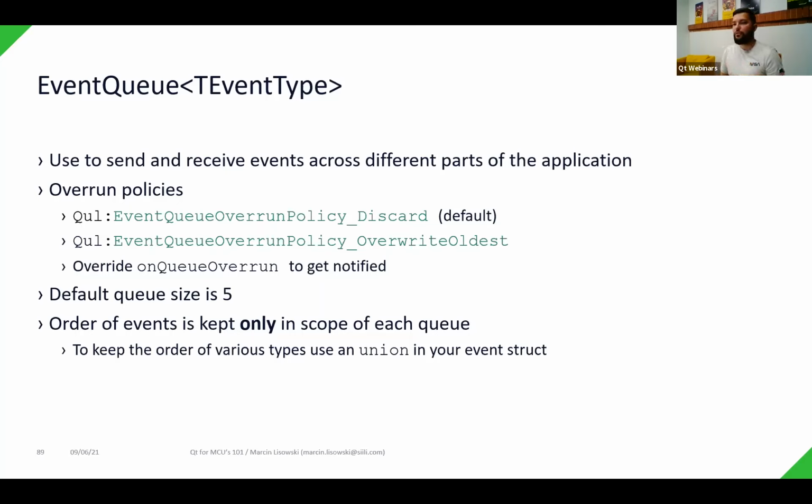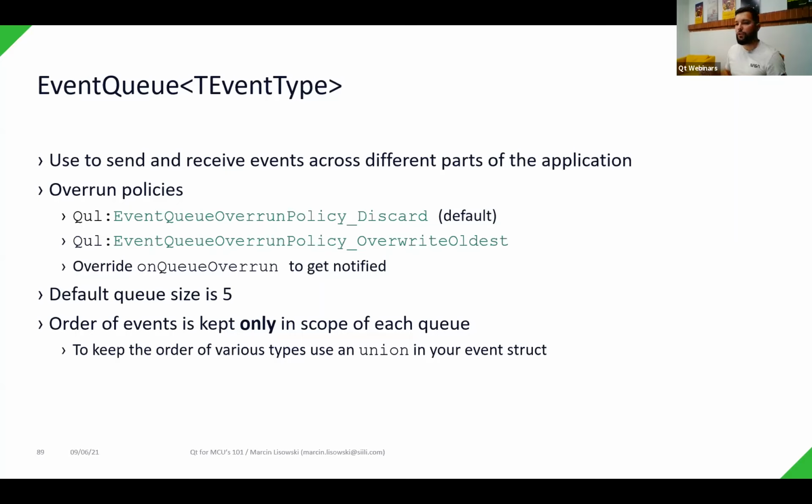There's also a function that you can override in the event queue to know when the queue is overrun. Of course, you can also control the size of the queue. So if the default of 5 events is too few for you, you can always bump it up to a number that fits you.